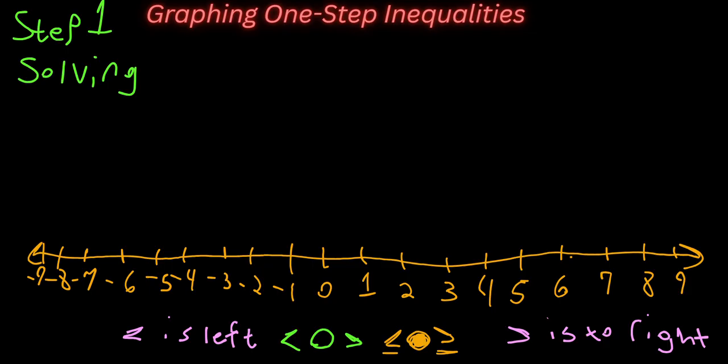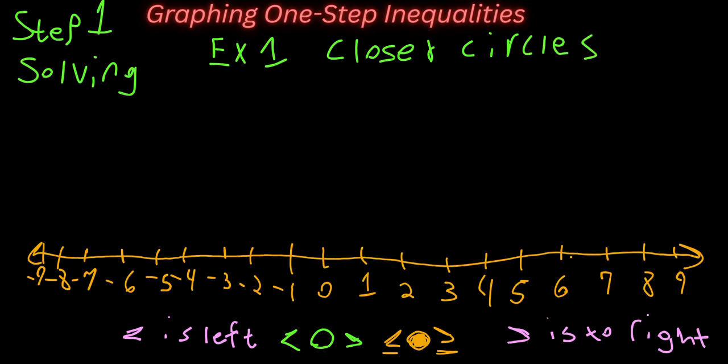Let's do example 1, and this is going to be a closed circle. And I'm going to write it out. Feel free to pause at any time to work through it yourself to test your own understanding.